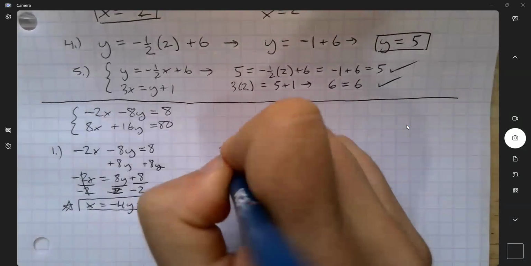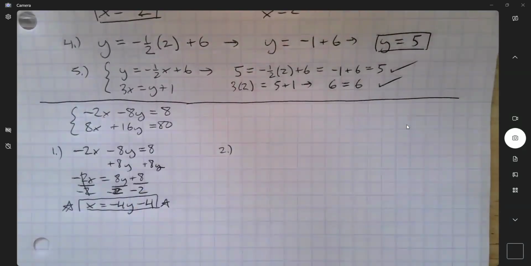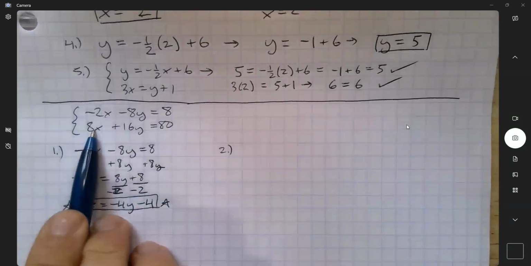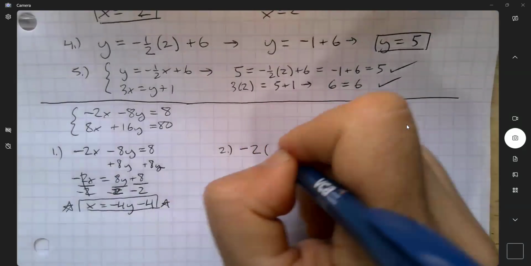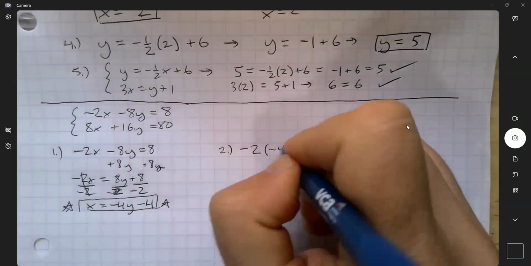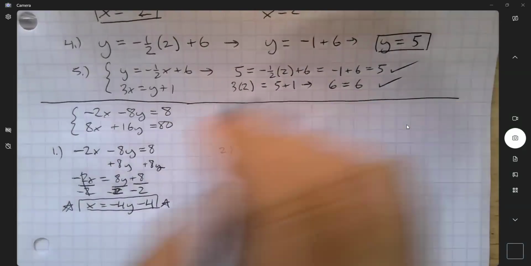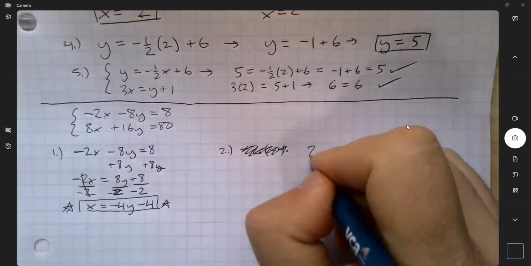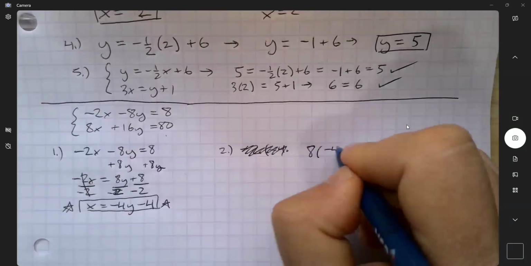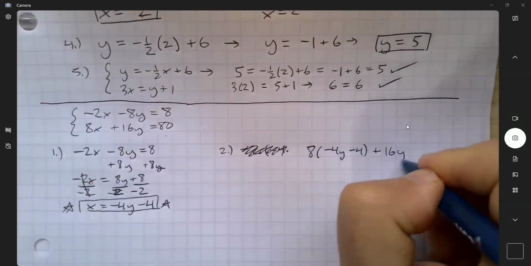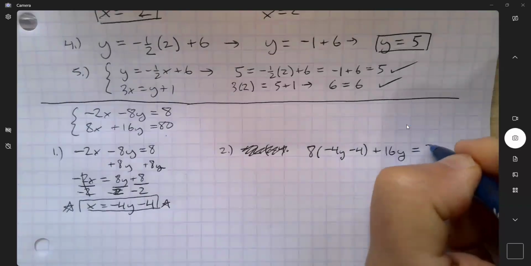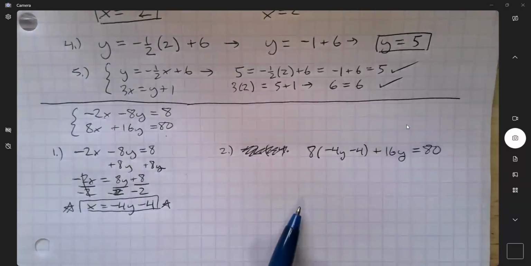I'm going to do step 2 here for more space. I'm going to substitute that start equation into my other equation. So 8, but x is now -4y minus 4, and then 16y equals 80.